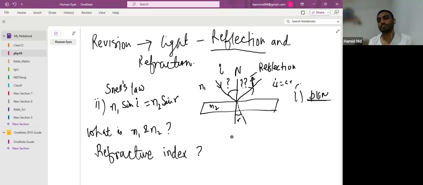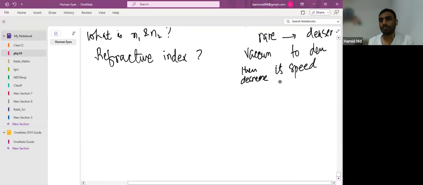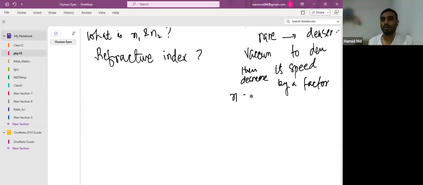When light travels from one medium to another medium, from a rare medium to a denser one, or from vacuum to a denser medium, its speed decreases by a factor n, called the refractive index.